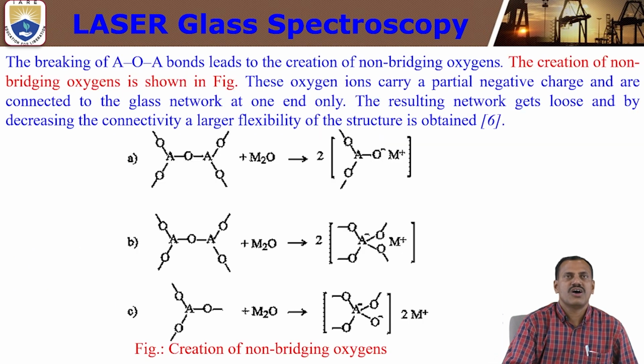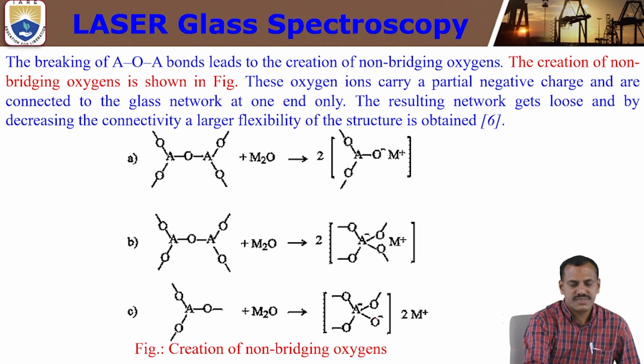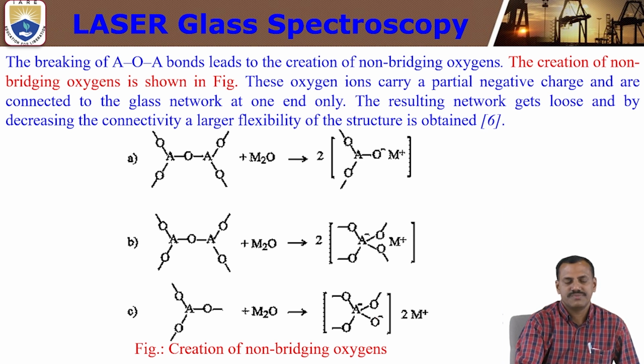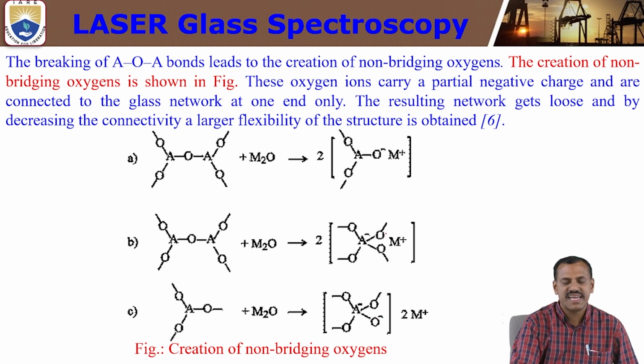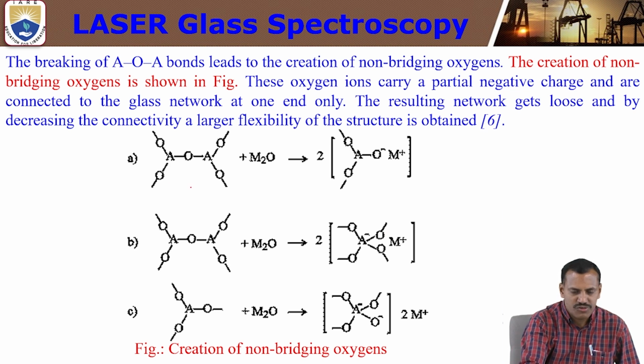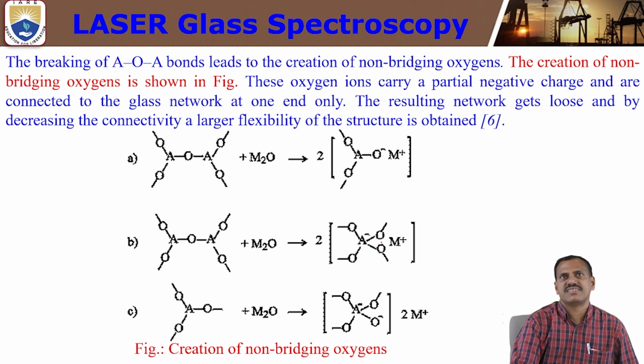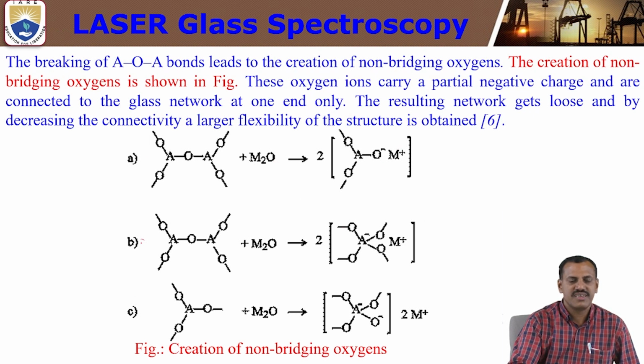Next, how the breaking of metal oxides leads to the creation of non-bridging oxygen is shown in the figure. Here the oxides, we can say, are ligands. A ligand is a negatively charged particle surrounded by positive ions, cations, plus metal oxide M2O. These are the creation of non-bridging oxygens.